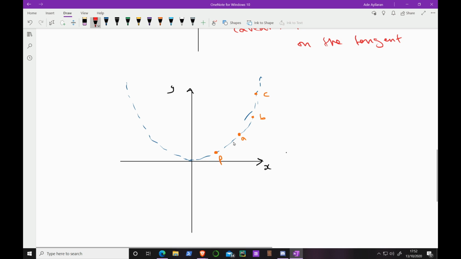And what I'm basically doing is drawing straight lines between P and these so-called points.